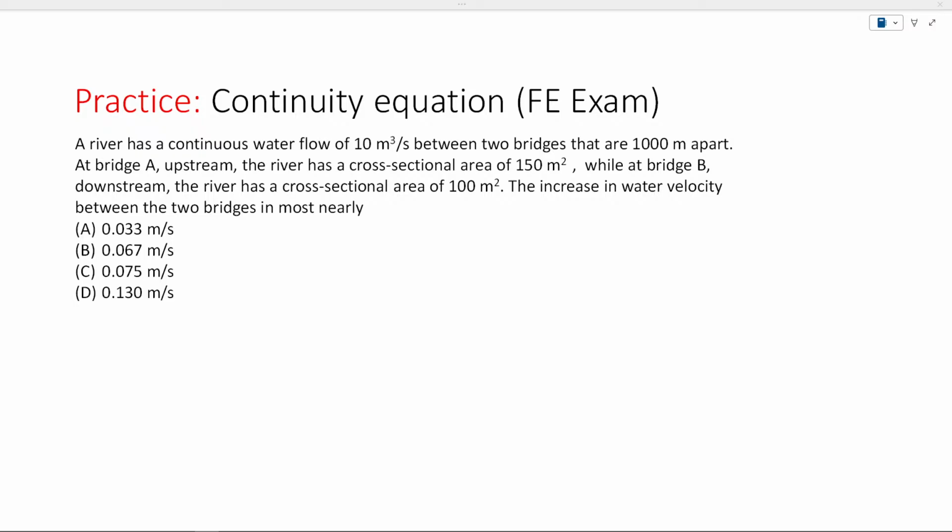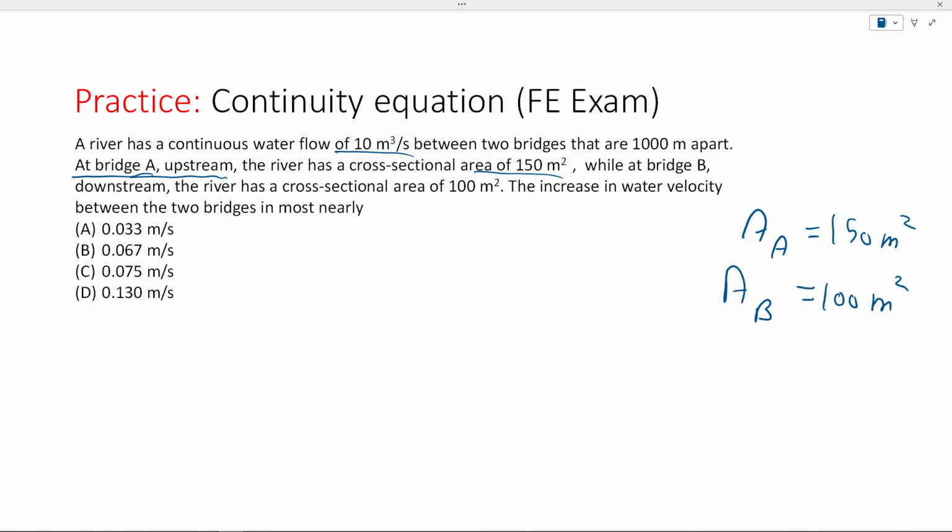A river has a continuous water flow between two bridges that are 100 meters apart. At bridge A upstream, the river has a cross-section area A of 150 meter square, while at bridge B downstream, the river has a cross-section area of 100 meter square.